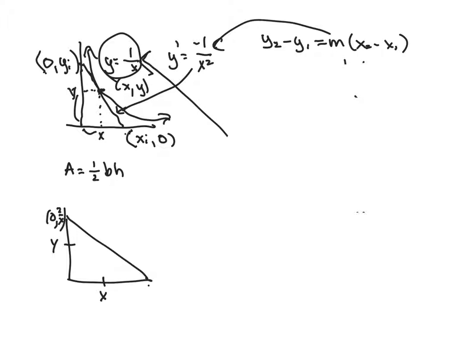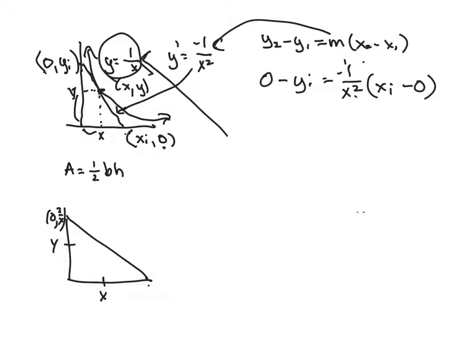So for my second point, or my first point, y2, that's 0, minus y1, which is going to be my y-intercept, equals my slope from before, -1 over x squared, times the x-intercept minus 0.